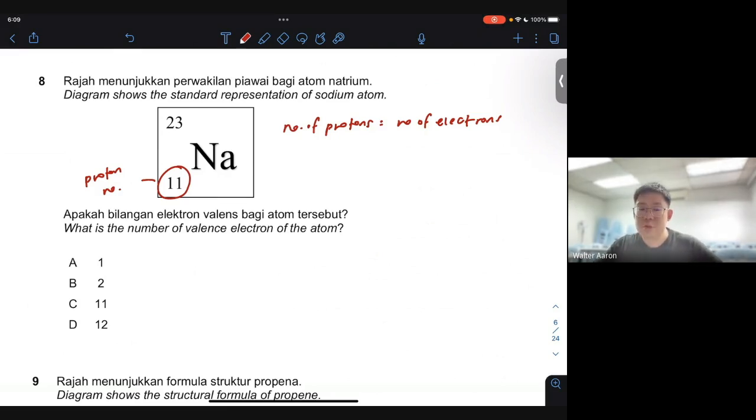So if sodium has 11 electrons, then the electron arrangement of sodium will be 2, 8, 1. The last shell has only 1 electron. So the number of valence electrons, which is the number of electrons in the outermost shell, is 1. So the answer here will be A.